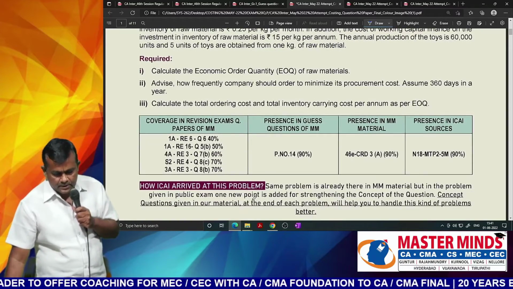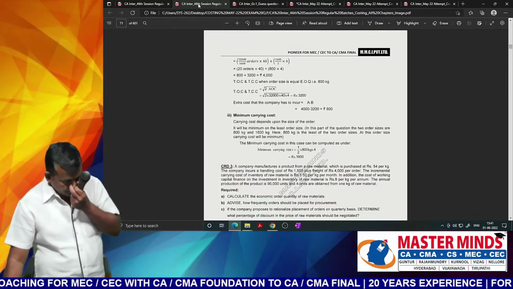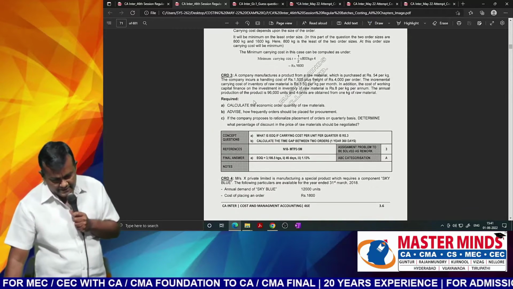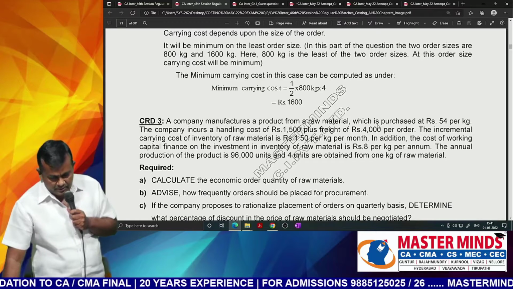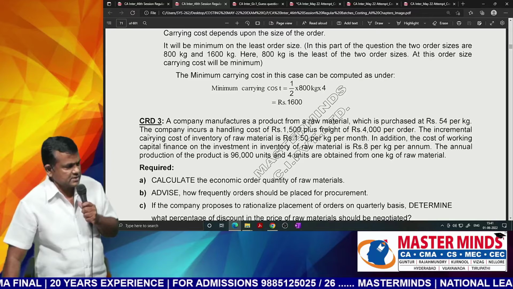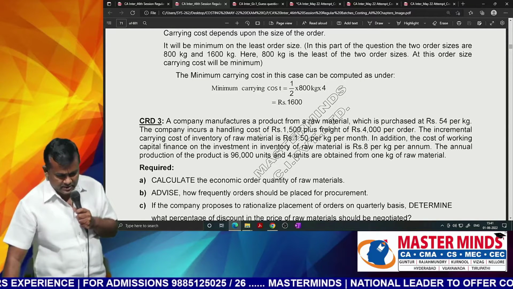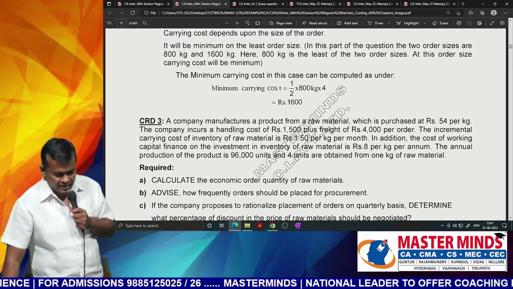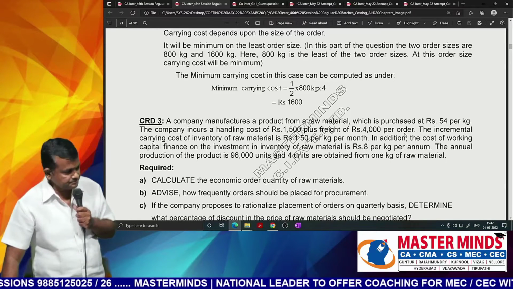So the main material, sir. CRD3, sir. A company manufactures a product from a raw material which is purchased at 54 rupees per kg. So just the numbers change. The company incurs a handling cost of 1500 plus freight charges 4,000 per order.